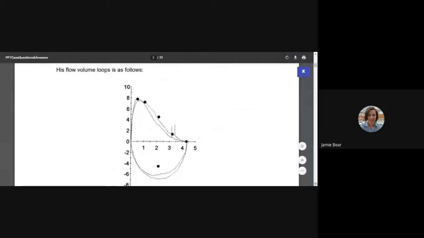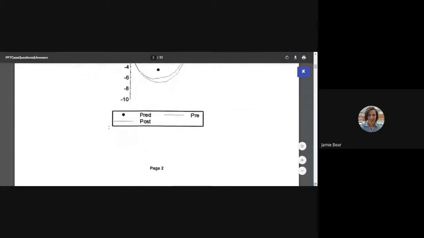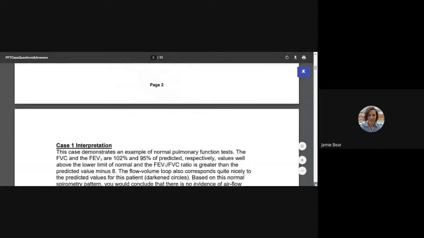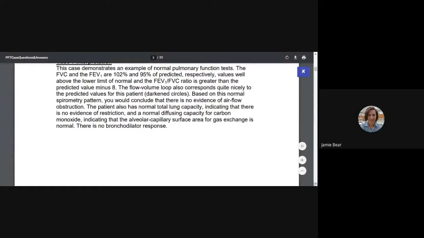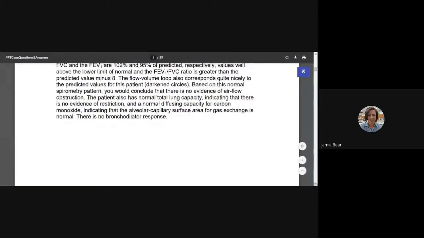Not too bad, and this case demonstrates an example of a normal pulmonary function test. The FVC and FEV1 are 100% and 92% of predicted, and the low limit of normal is greater than the predicted value minus 8. The flow volume loop also corresponds quite nicely to the predicted values for this patient.